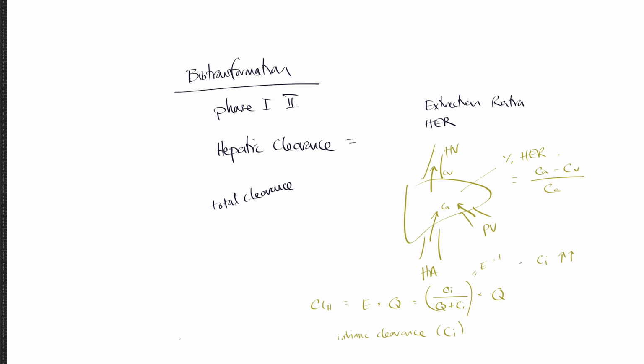And if the E is essentially 1, then you end up with clearance hepatic essentially equal to your hepatic flow, which means that when your hepatic flow in certain disease states might be reduced, so is your hepatic clearance.